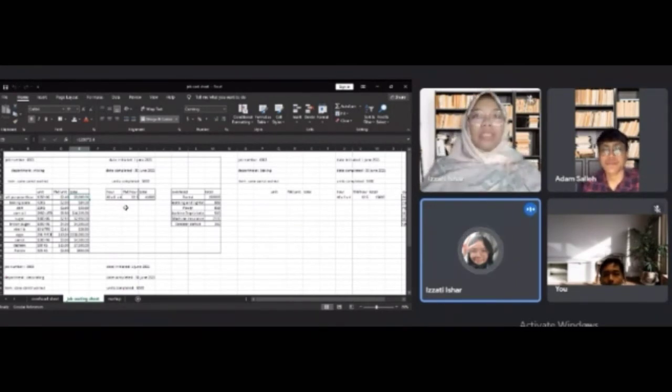The basic wage is 32.5 ringgit for each hour, and the total cost is 41,600 ringgit. This one is the overhead that we got from the overhead sheet. Next, we will move on to the baking department.